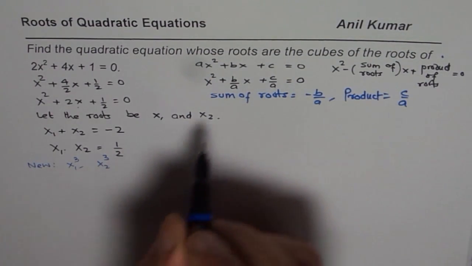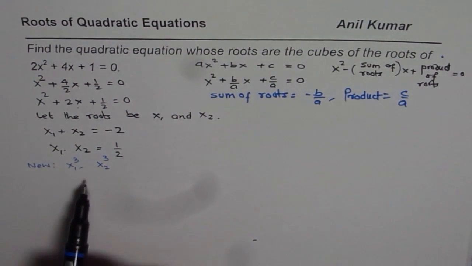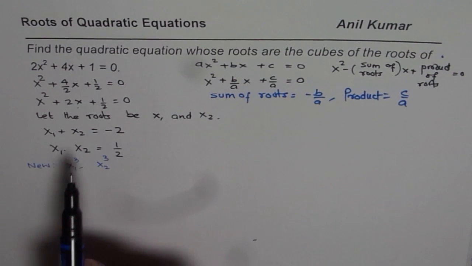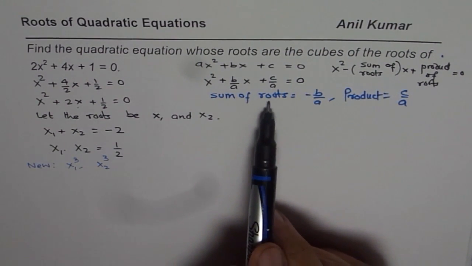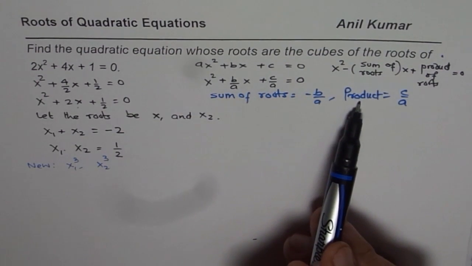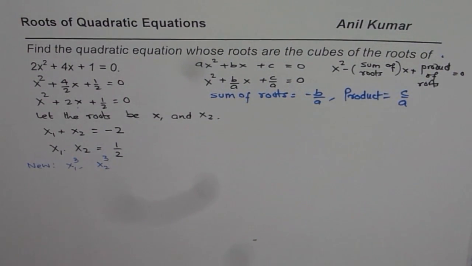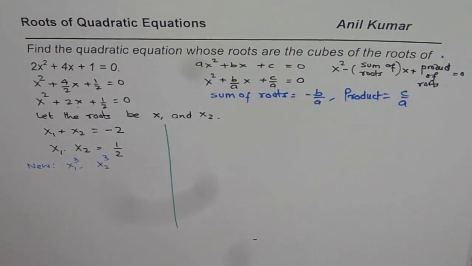So these are cubes of the given roots, right? Now if the roots are cubes of these roots, then we can find their sum and product. Once we get sum and product, we can write down the equation, right? So that is the strategy. Okay, so let's begin by finding sum and product.